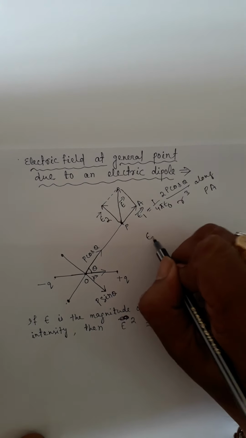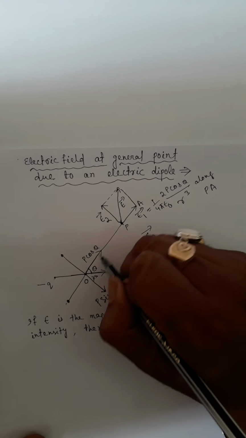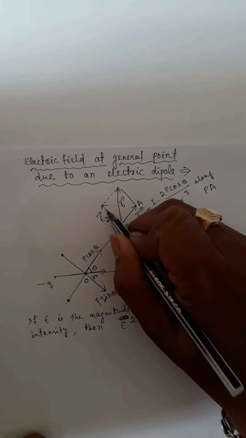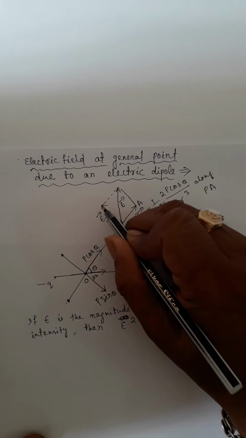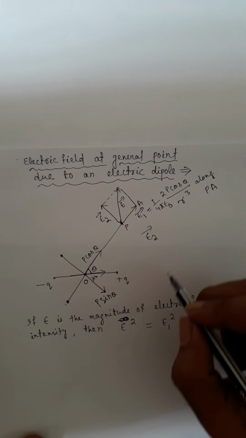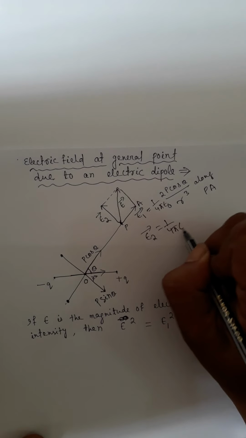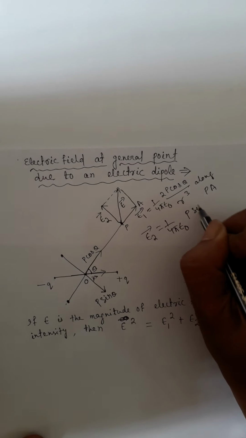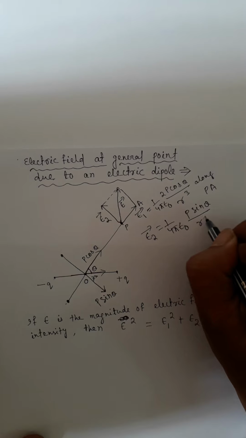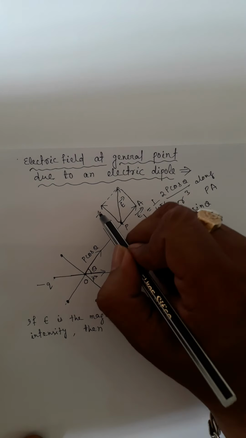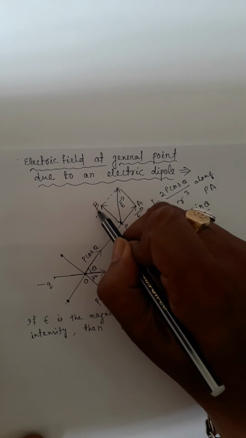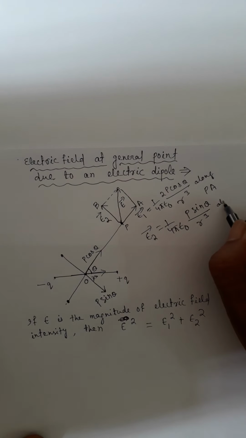And E2, if this is the axial line and this is the perpendicular, the equatorial line, E2 will be 1 by 4 pi epsilon naught, P sin theta divided by r cubed, and if this is B, then the direction will be along PB.